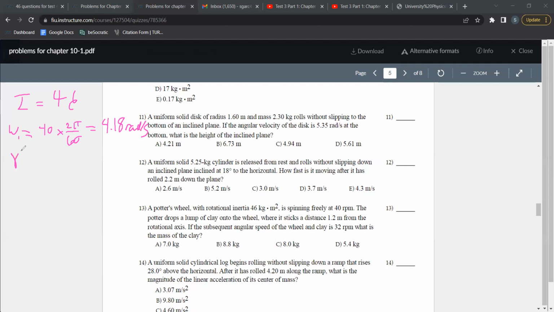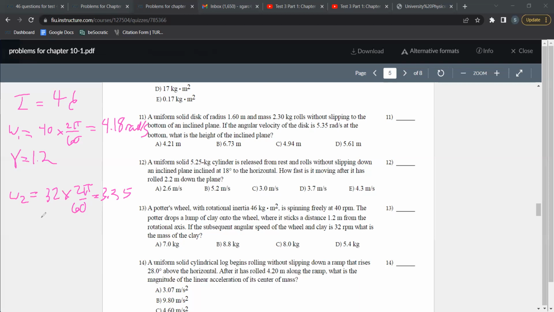Our variable here would be 1.2, and that is our distance. And then we know that there's a 32 RPM, so that would be our second one. 32 will be given the same treatment, 2 pi over 60, which will equal 3.35 rads per second. I'm not going to write it.